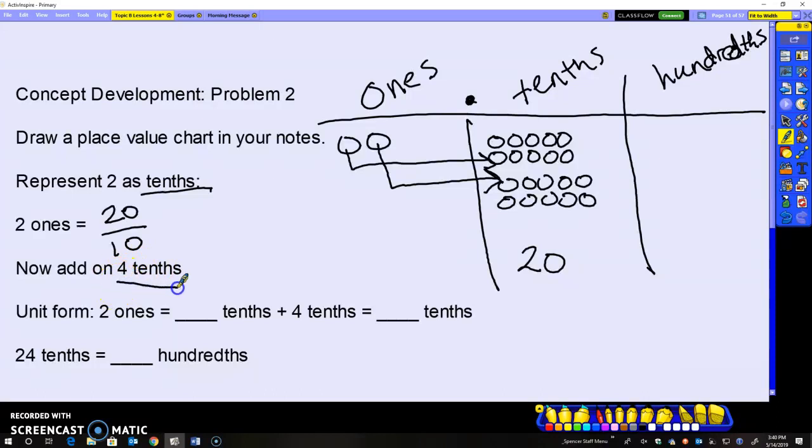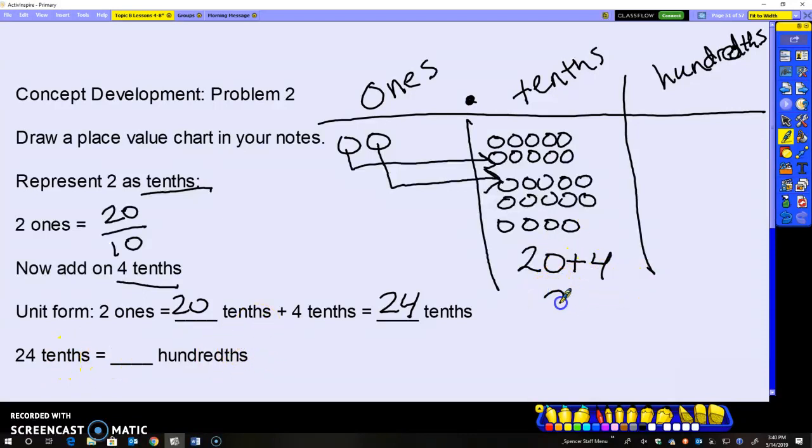Oh, I forgot. It tells us to add on 4 more. So it adds on 4 more. Okay, so this is 20 plus 4. So I have 20 tenths now. I add on 4 tenths, and now I have 24 tenths. Down below, it wants to know what's 24 tenths in hundredths.